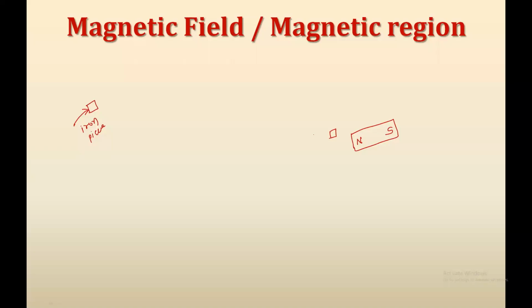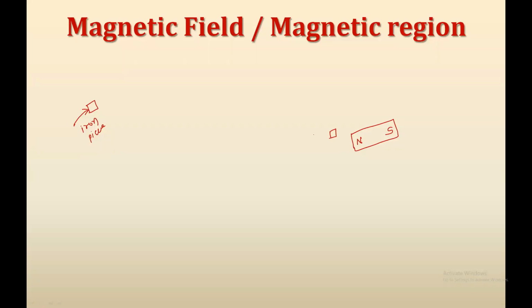The area around the magnet within which a magnetic material or another magnet will experience a force. It may be attraction or repulsion; only experiencing a force is expected. So that particular area around the magnet we call a magnetic field or magnetic region.